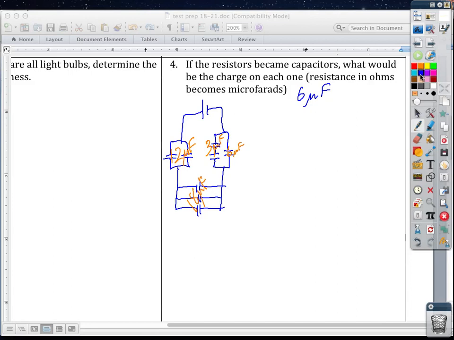So then if I condense, I get this. I get 12 microfarads here, 18 microfarads here, and I get 9 microfarads there.